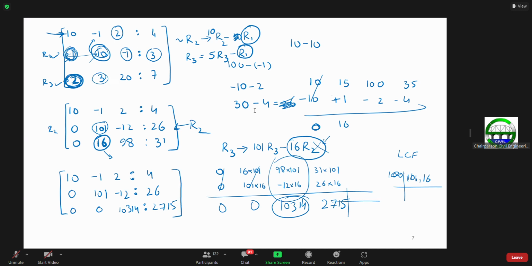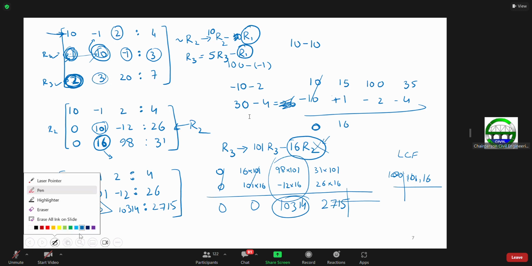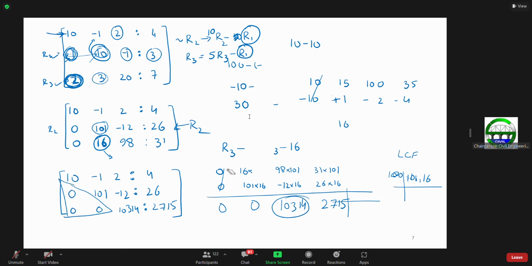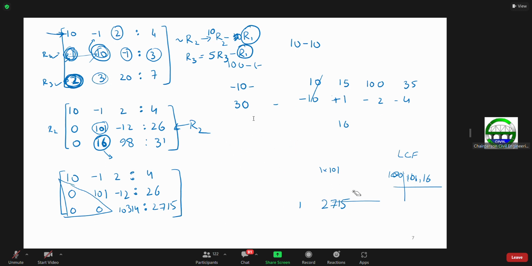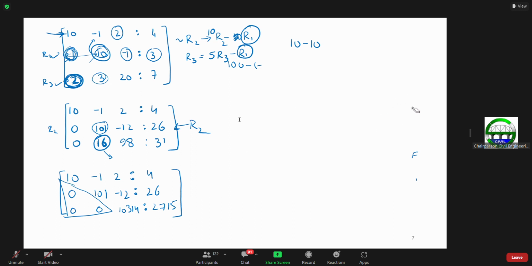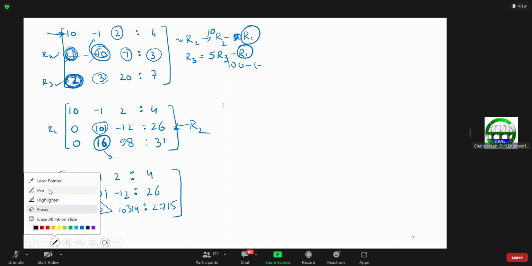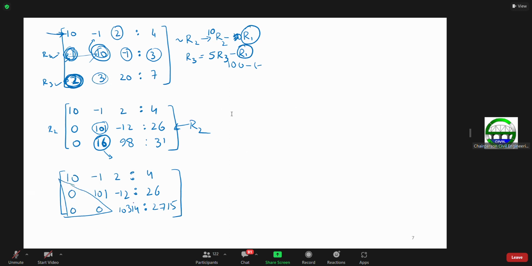Right? So now I already made this one a triangle. This is 0. Now let me try to raise it. Okay, so now I made this one.